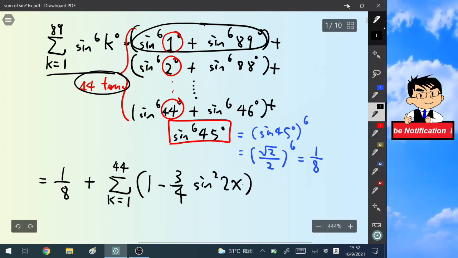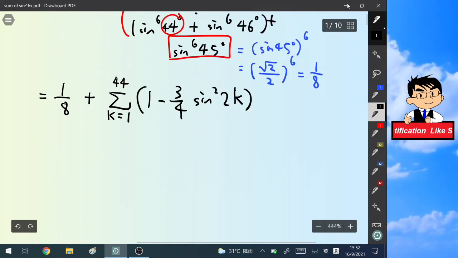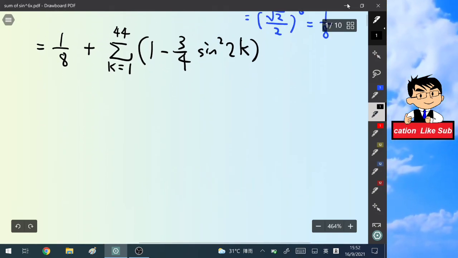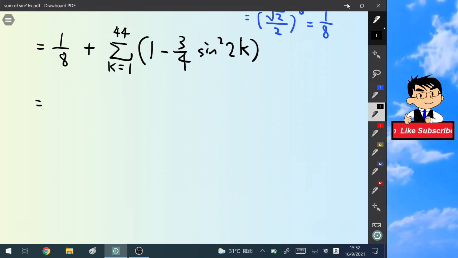Sorry, should be equal to k. Yes, like this.